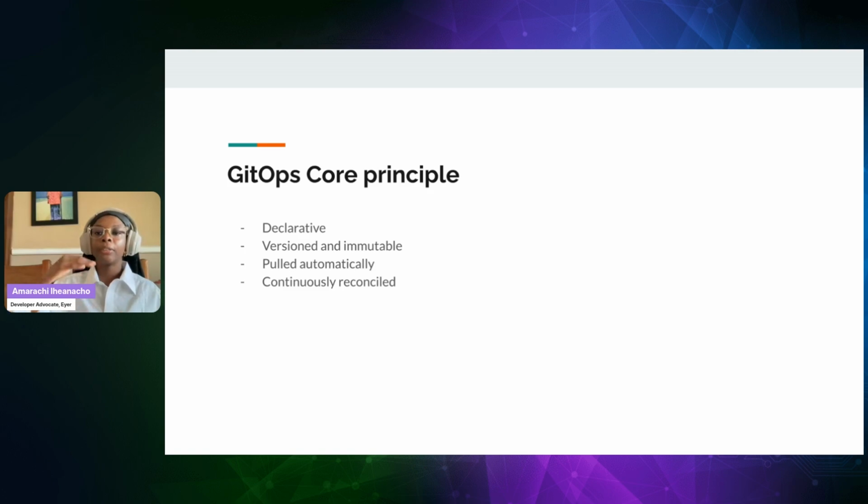You have different versions of your configuration stored, so that if I pushed a configuration that I don't care about, or I don't like, you can always go back and just roll it back to the previous configuration.